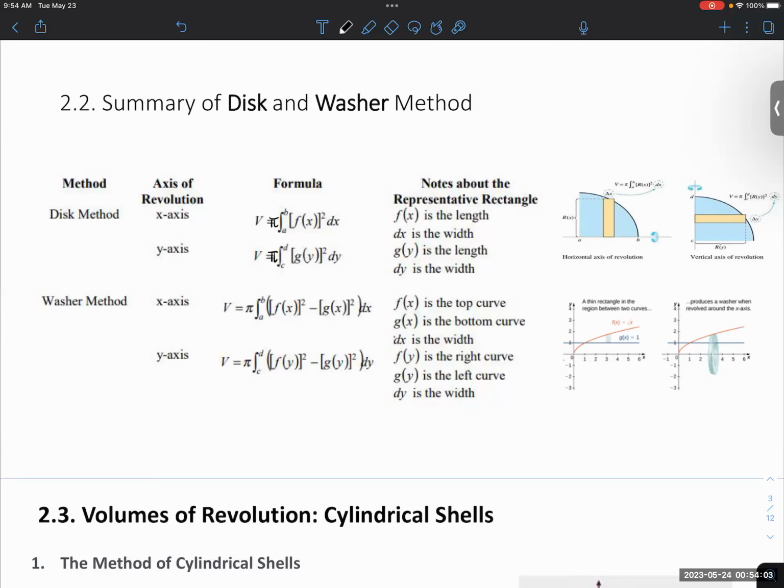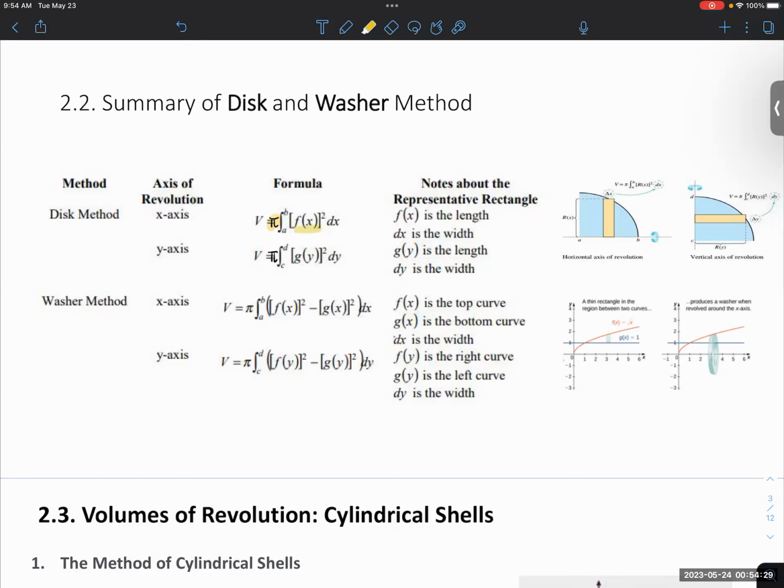So just briefly reviewing the disc method, you are going to rotate the given function about the x-axis or y-axis so that you are going to find the circle cross-sectional image. And then we add all the areas of the circles so that you can find the volume, so we are using pi r squared.